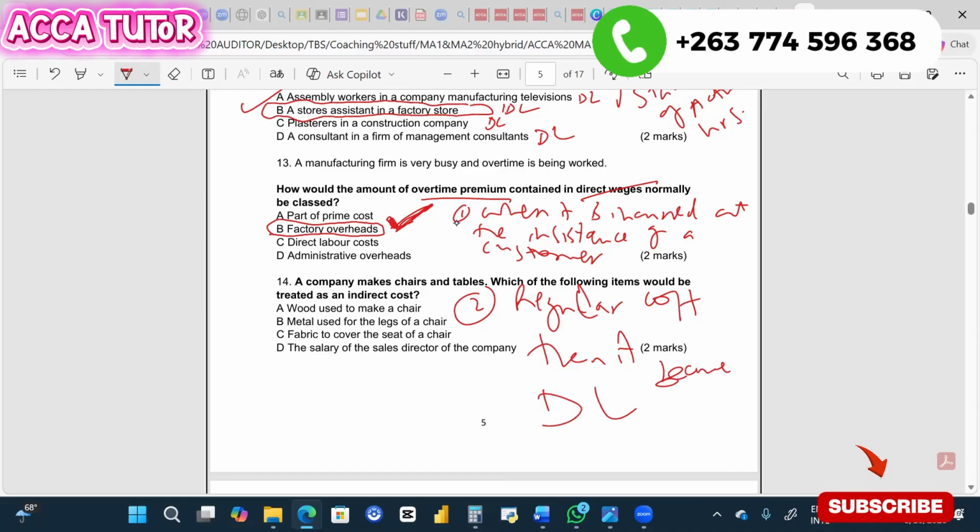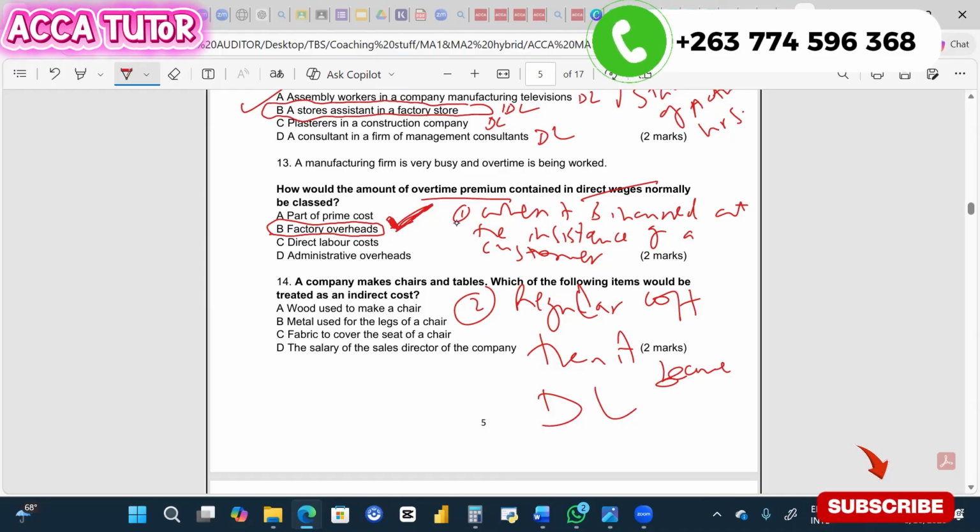Do you understand? Because when it is now known that you are going to work overnight, it is no longer overtime, isn't it? It becomes a normal shift, so it becomes direct labor. Do you get it?